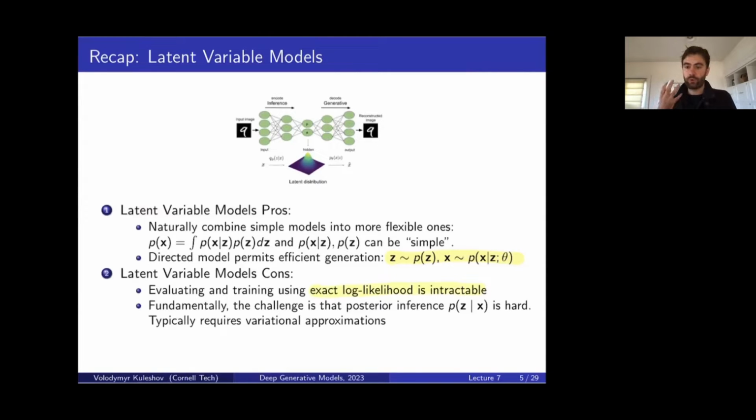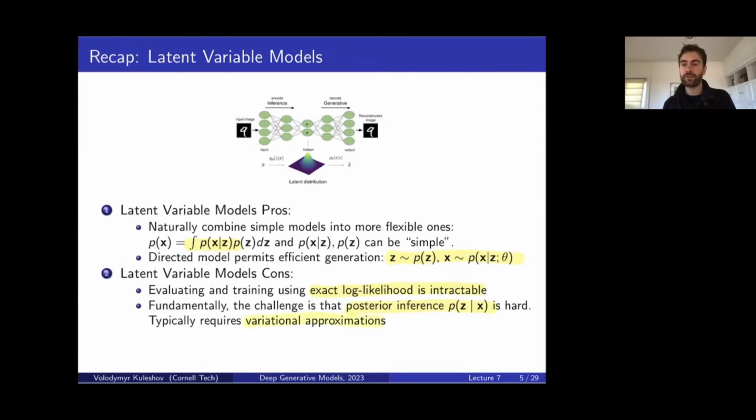The reason it's intractable is that computing this posterior distribution P of Z given X is hard. We have to deal with complicated integrals like the one you see here, and that makes things much more complicated. To deal with this, we derived in the last two lectures this mathematical machinery called variational inference.